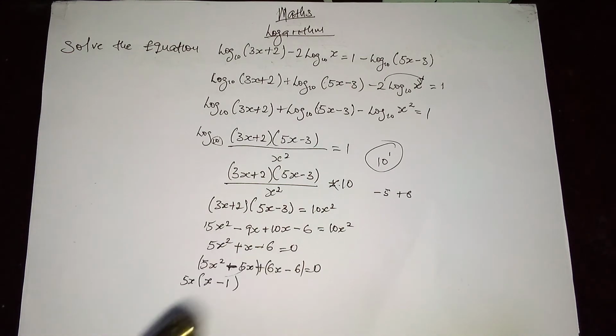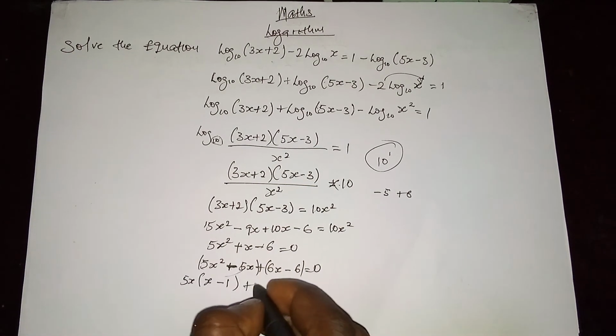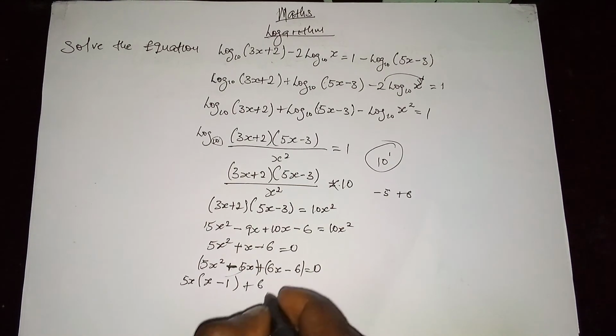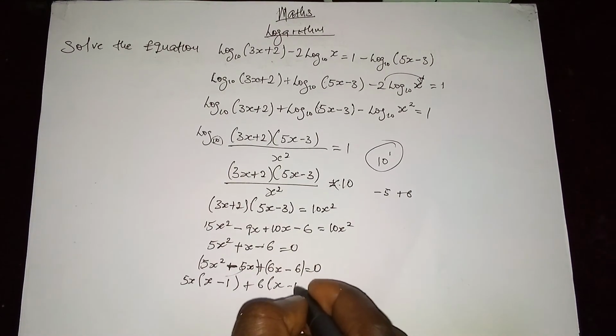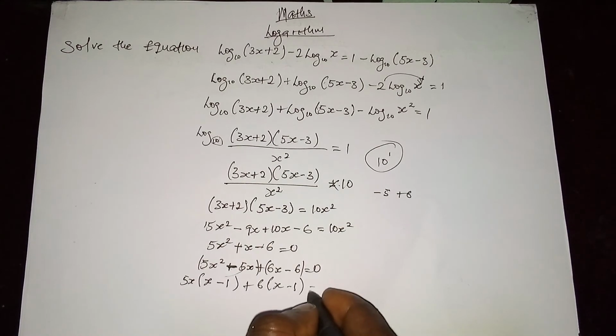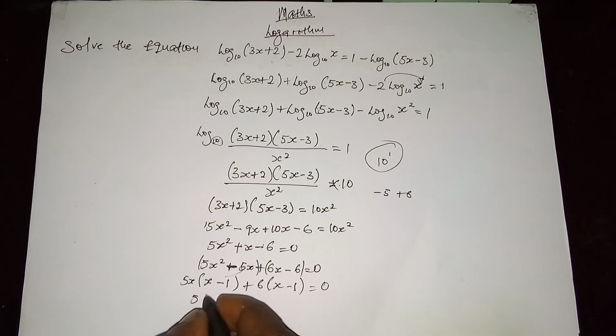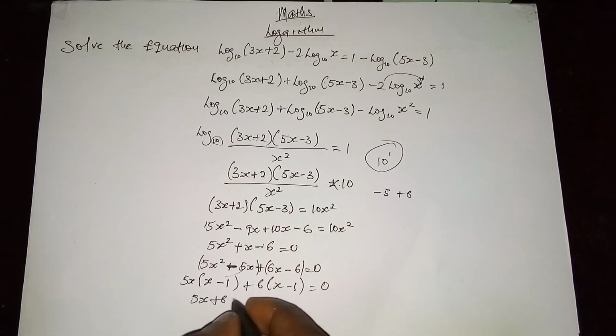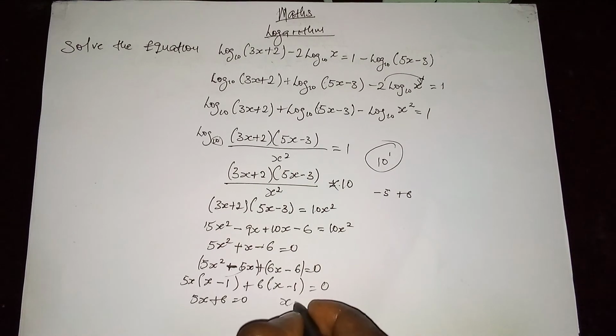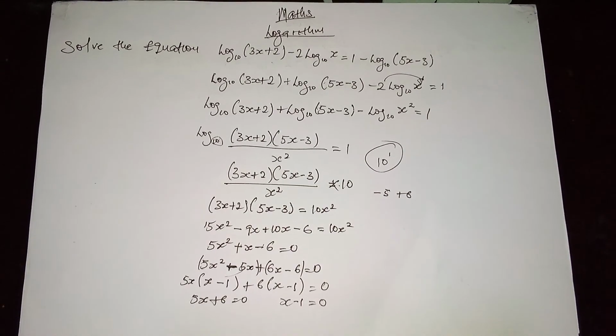In this case, 6 is common, plus 6, right? And (x - 1), exactly the same thing, equal to 0. So I'm going to pick the two factors, then any one of the brackets. So I have 5x plus 6 is equal to 0, and x minus 1 is equal to 0.